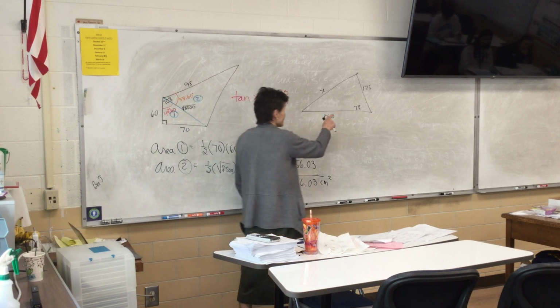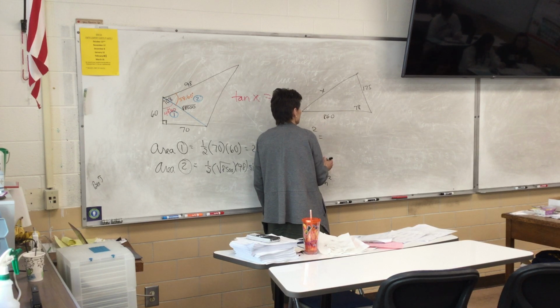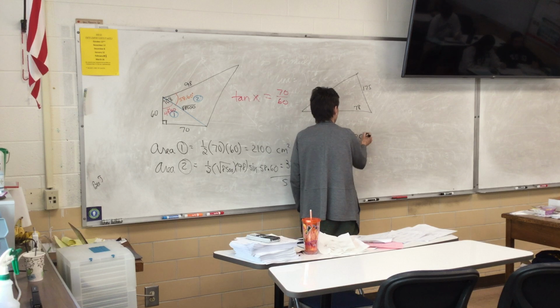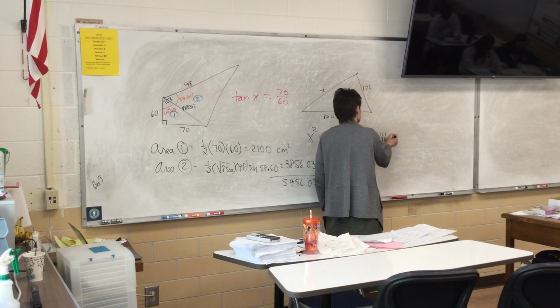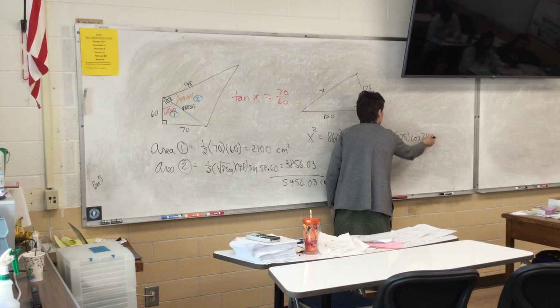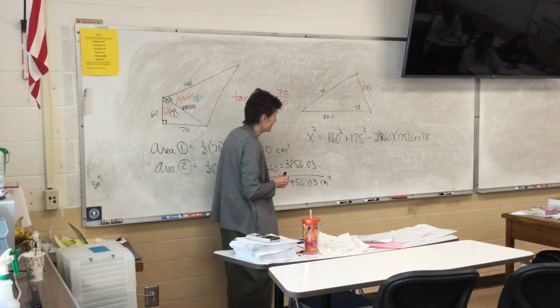And our angle is 78, so we're gonna have x squared equals 860 squared plus 175 squared minus 2 times 860 times 175 times cosine 78. Now, I've been doing the law of cosines for a very long time, you have not.